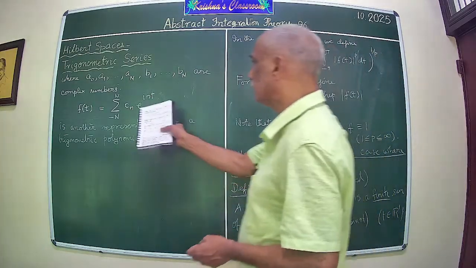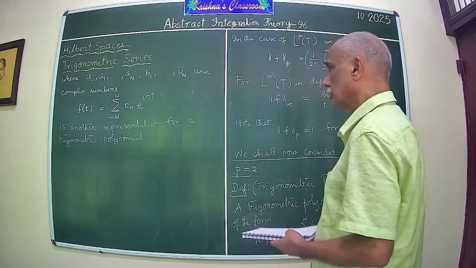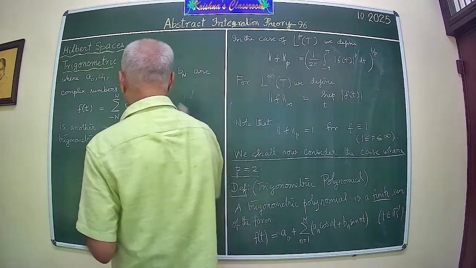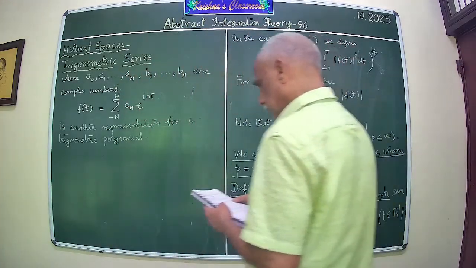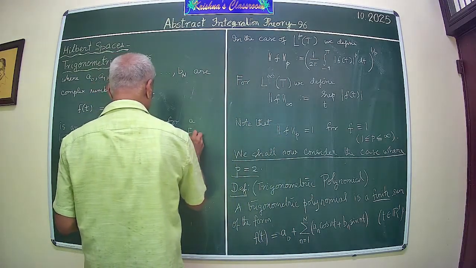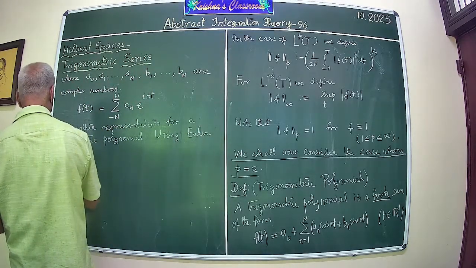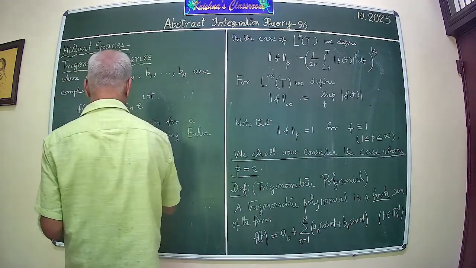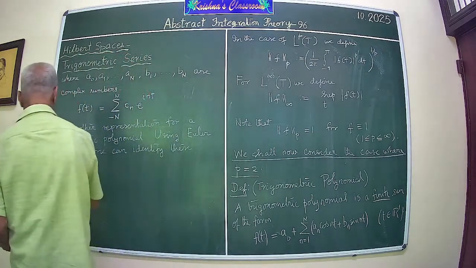Now you can connect these Cn's to the scalars a0, a1, a2, an, and b1, b2, etc. So one can identify the relation between these two apparently different forms, and that's something which you can work out.